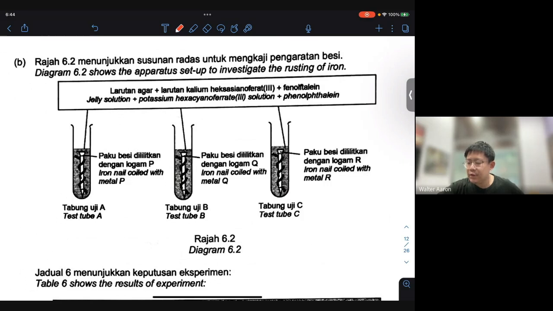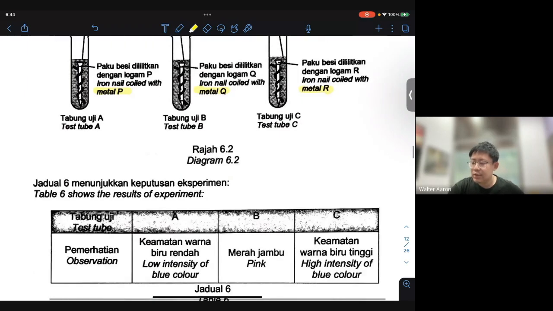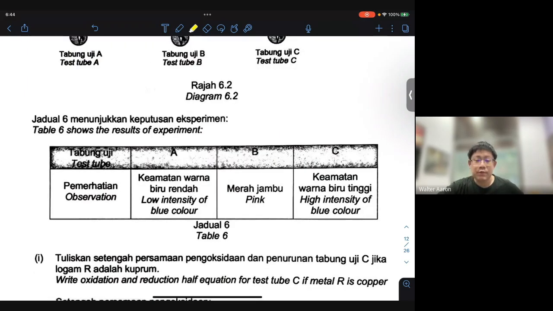For test tube A, the iron nail is coiled with metal P. Test tube B, the iron nail is coiled with metal Q. And C, the iron nail is coiled with metal R. So there are 3 different metals that coil around iron in different situations. For the observations, for test tube A, there is a low intensity of blue color. For B, it is pinkish in color, while C is a high intensity of blue color.